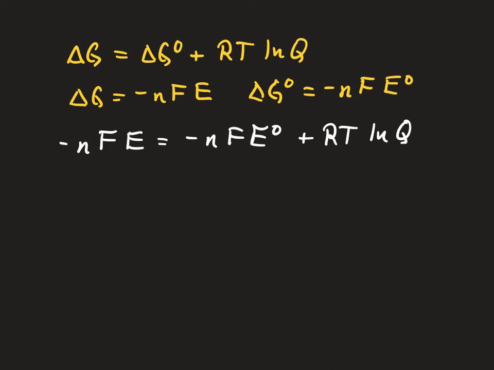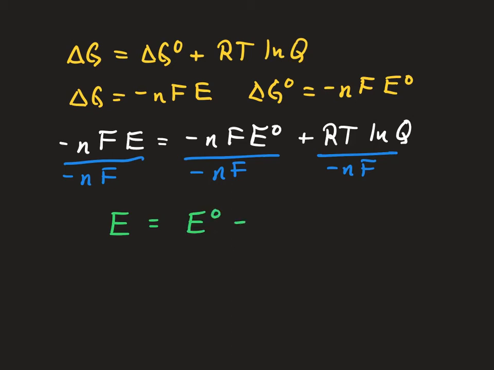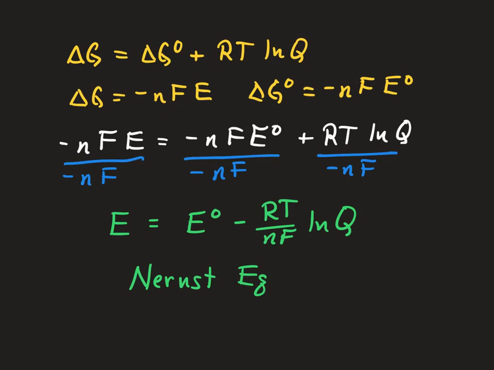for our reaction. Well, if we divide by this minus nF, which means we have to divide this by minus nF, we get that the cell potential under non-standard conditions is equal to the standard cell potential minus RT over nF times the natural log of Q. And this version of the equation is called the Nernst equation, after a German scientist.